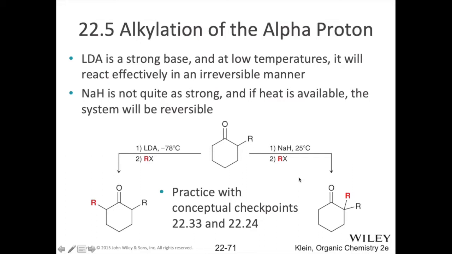The other thing to watch out for when listing out your reagents and your reaction conditions is that if you are trying to make the kinetic product and you're doing this at a lower temperature, you're going to need a stronger base to accomplish this, right?